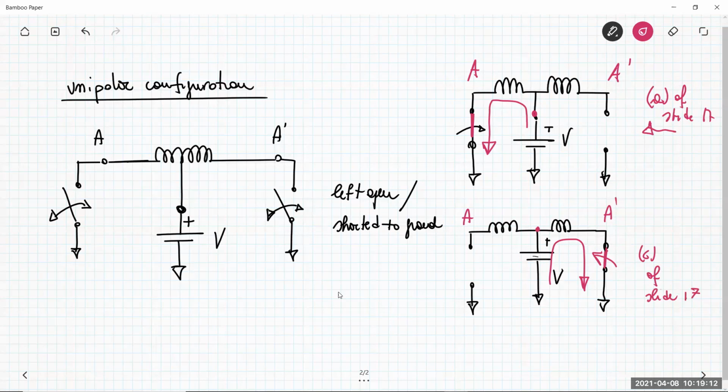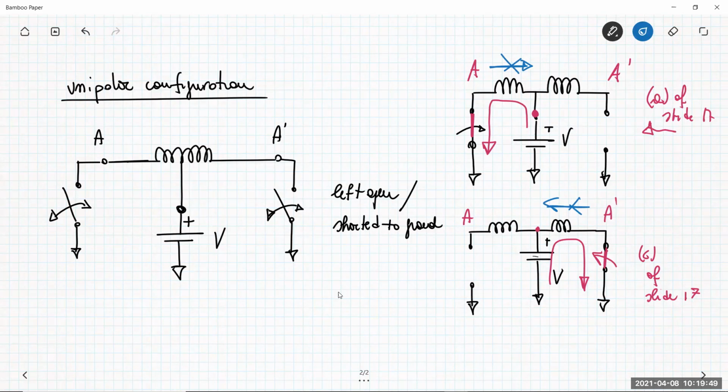But in this way, you can always understand that the current flowing is from the center tap to the terminals. So the current is always unipolar, meaning that you have no current flowing, for example, in this sense from A to the central terminal or from A prime to the central terminal. This never happens. So the current flows in half of the winding in the series of the phase, but just in a unipolar fashion. This is why this is called the unipolar configuration.